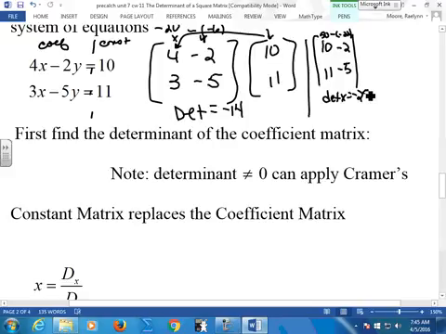Okay. Now we're going to use this formula down here. We're going to take the determinant of x over the determinant, and we'll find the solution for x. So we take negative 28 over negative 14. Therefore, x is equal to 2.